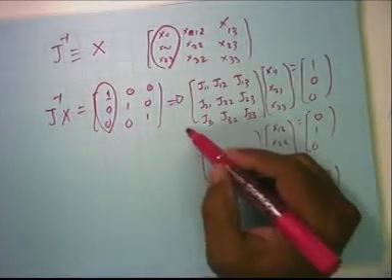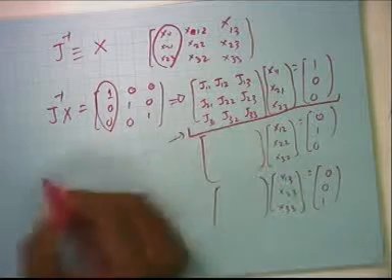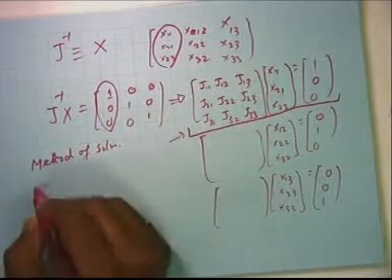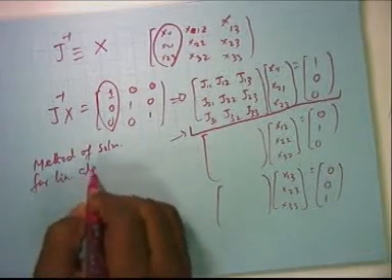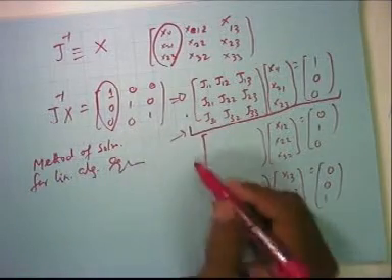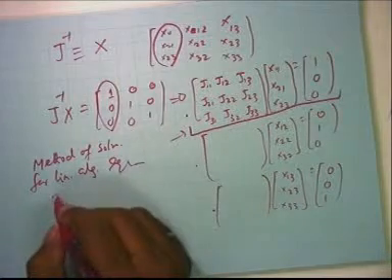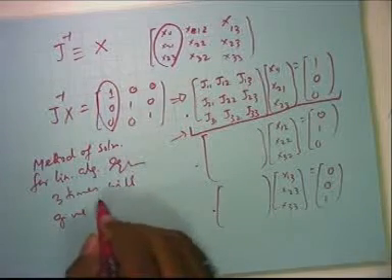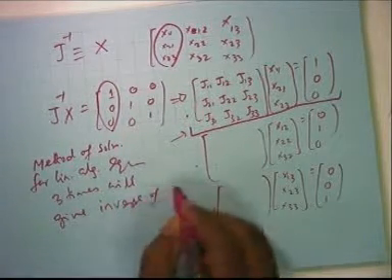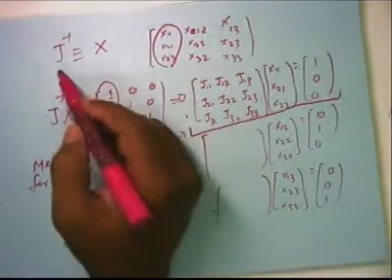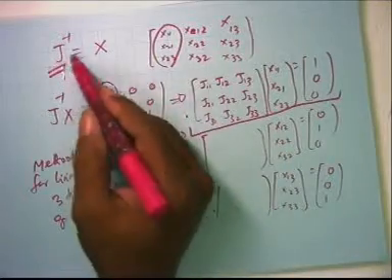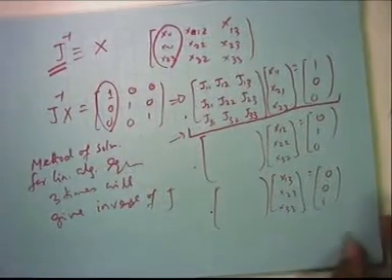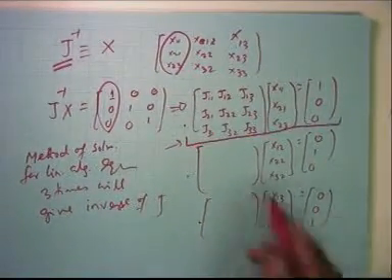Once you bring it to this form, you can use the method of solution for linear algebraic equations, and you do it once, twice, thrice, 3 times, which will give the inverse of J. So, if I need an explicit inversion of this matrix J, I can write in this following manner and use the method of linear algebraic equations to get the inversion.